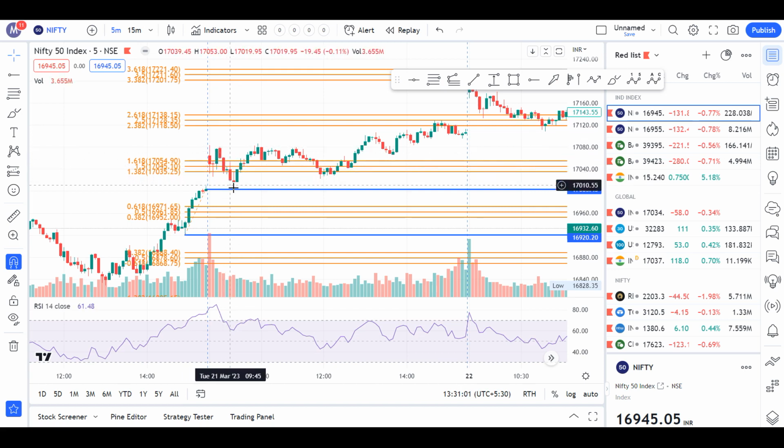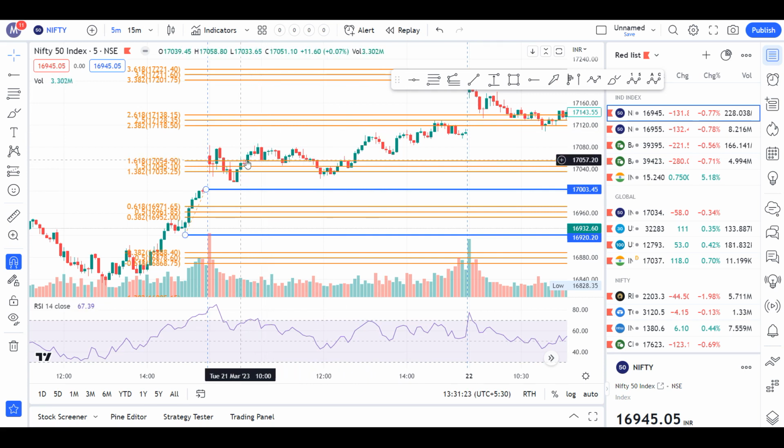We will wait for it to come back to these zones where the last swing was held back. So this is telling me that the upswing still continues, right? This has not changed the trend, so we will continue with our long trades only above these particular levels.